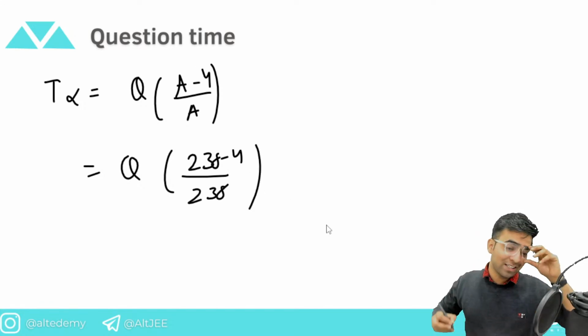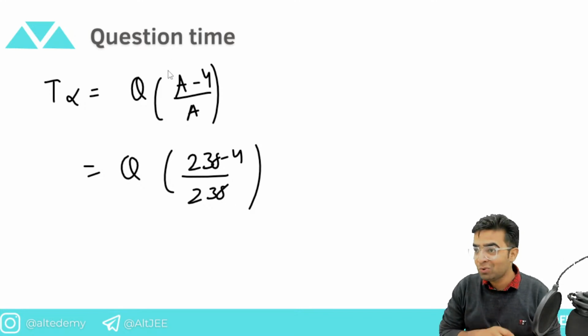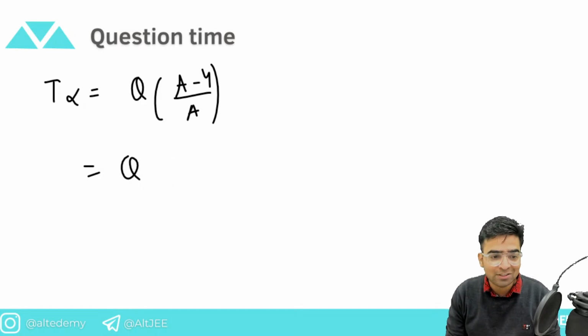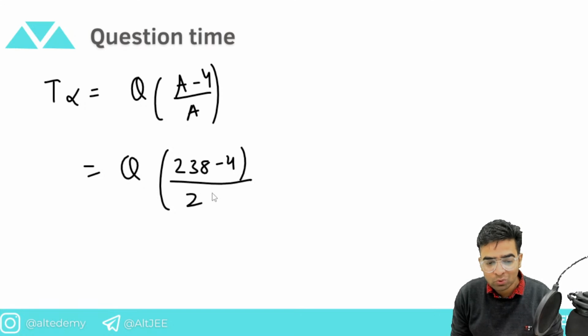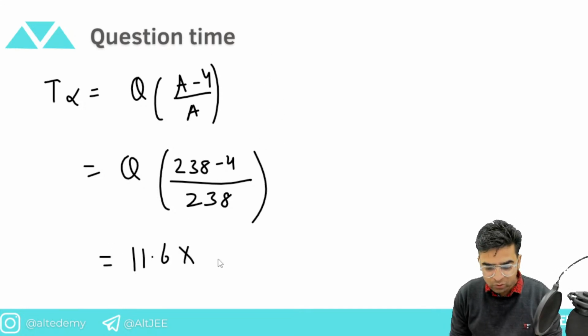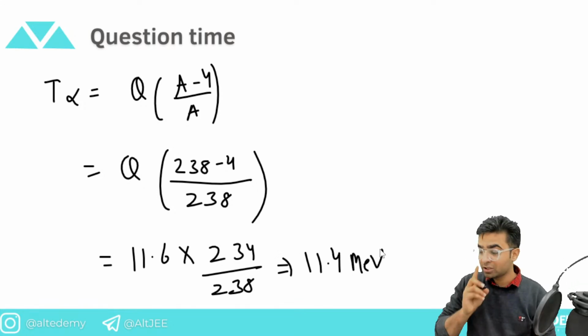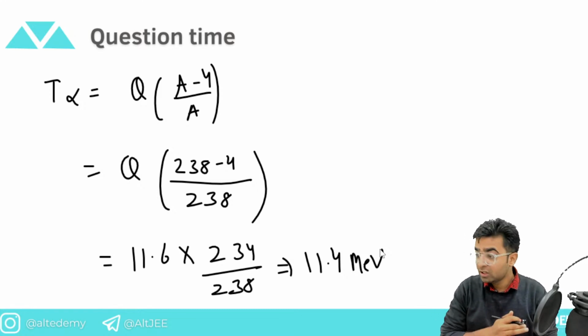This is how you should write it in the last of the question paper in exams. So this will be 11.6 into 234 by 238, and this will be 11.4 mega electron volt. Answer number 2.